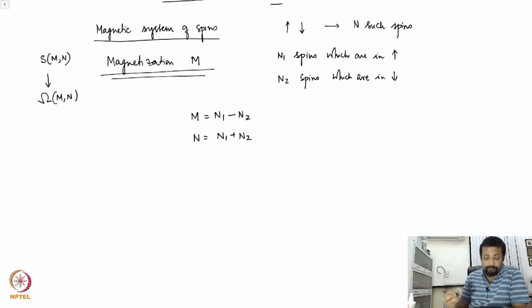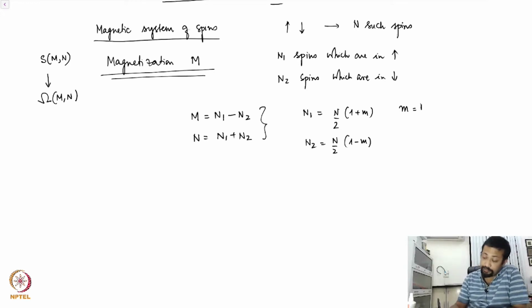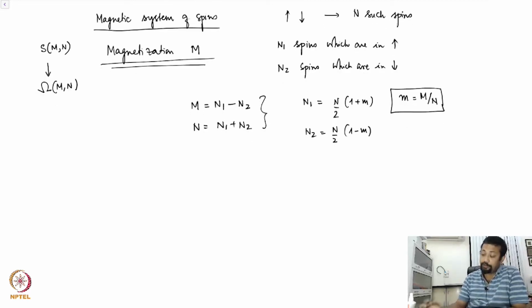So this actually simplifies our life. One can use these two equations to write down n1 as n by 2 into 1 plus m, and n2 as n by 2 into 1 minus small m. Where I have defined the small m, this is now no longer an extensive quantity, but this is a magnetization per spin. Now it's purely combinatorics.